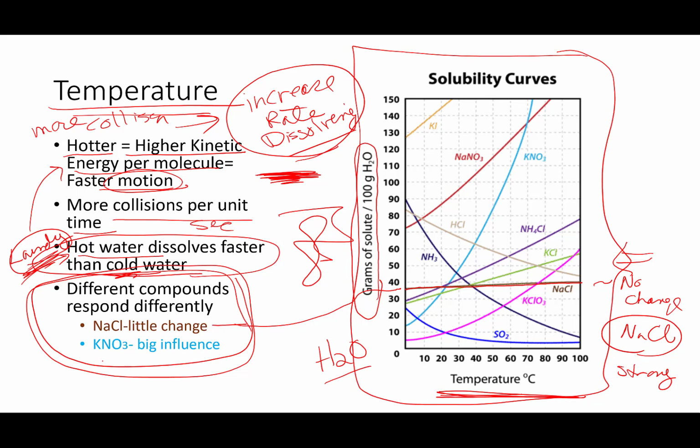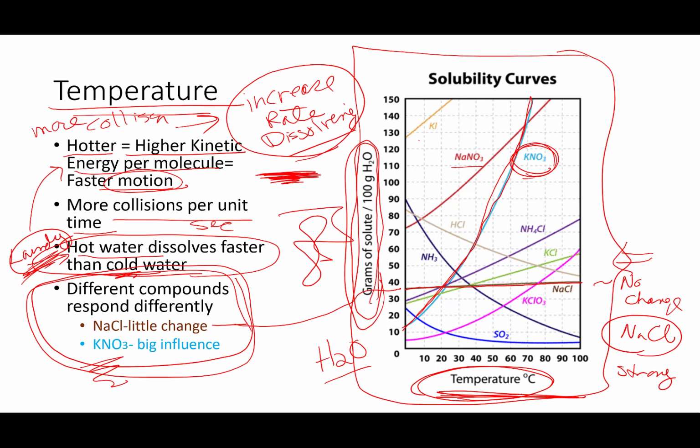But if you get something like potassium nitrate, it has this blue curve right here. And if you look at this curve for potassium nitrate, a small change in temperature means a massive change in solubility. You heat it up a little bit and lots more potassium nitrate can dissolve. So every compound is different.